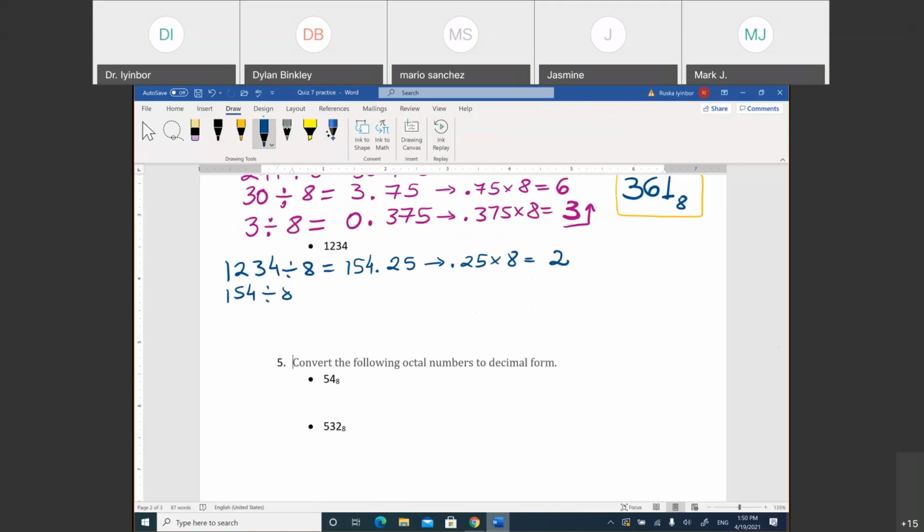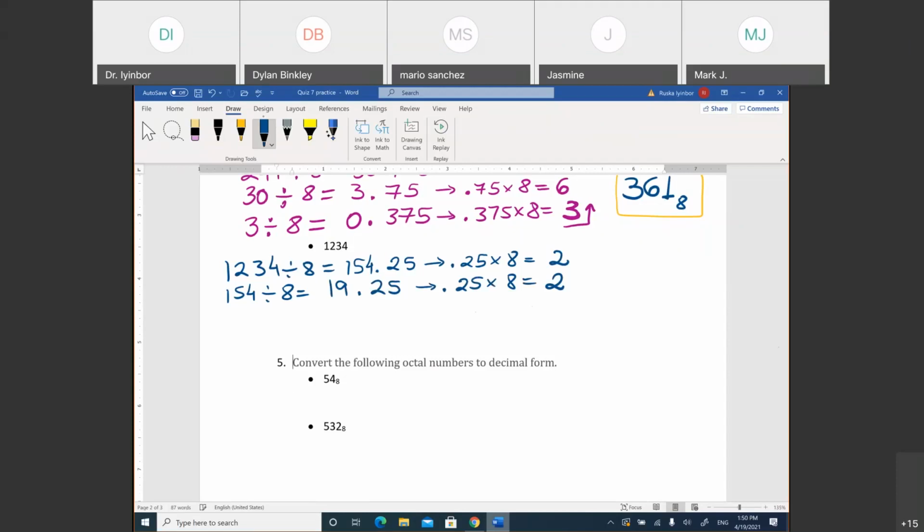Going to divide by 8. 154 divided by 8 is 19.25. We're going to get the 0.25. Going to multiply by 8 again, it's going to be 2, right? The same remainder.